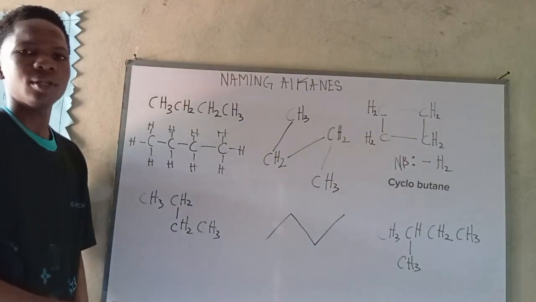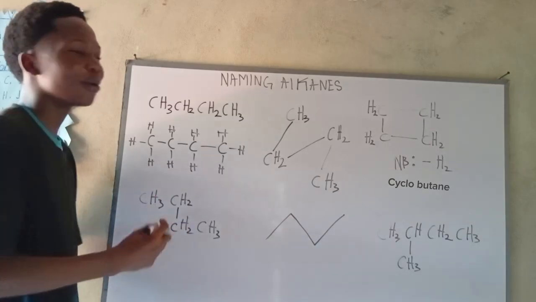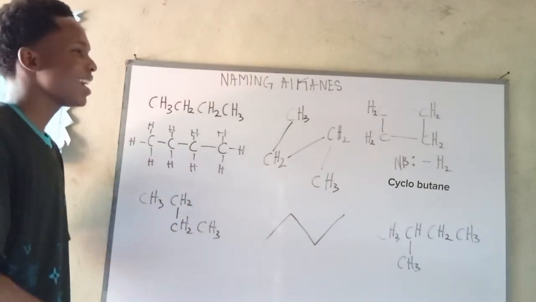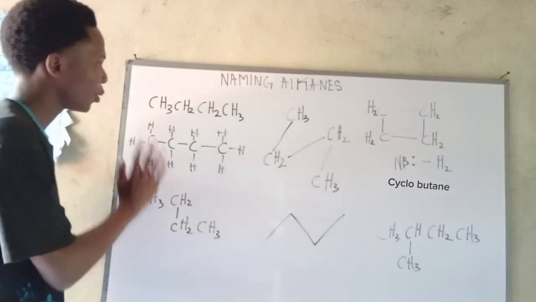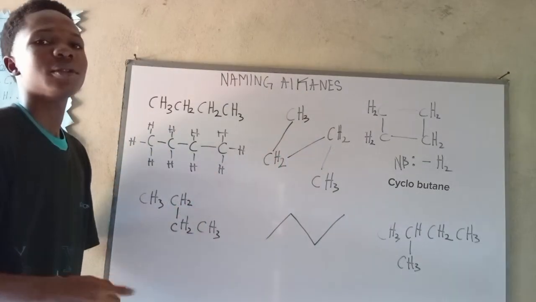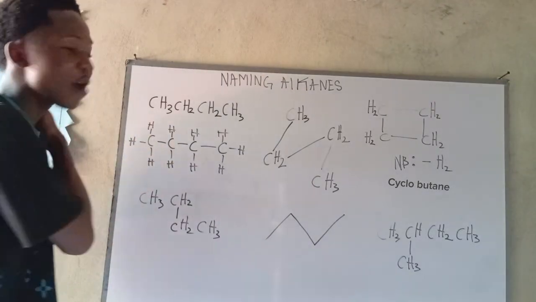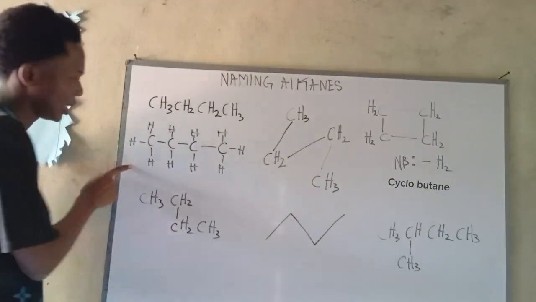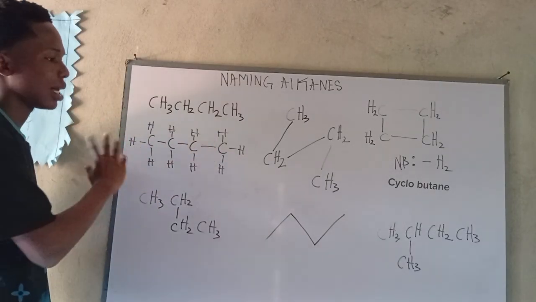Alright guys, now take a look at this. It can be actually funny, but everything here is the same. Before you name any organic compound, first of all, look at it. Everything here has what? Four carbon atoms. So let's go to the simplest, the one we are most familiar with, which is this. We have four carbons and our hydrogens are balanced.